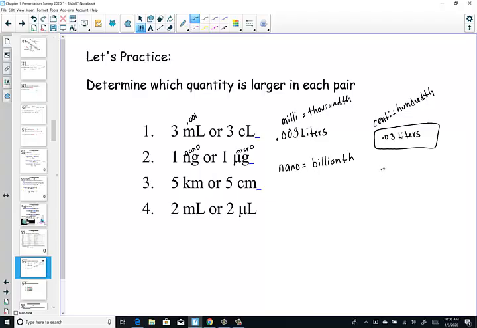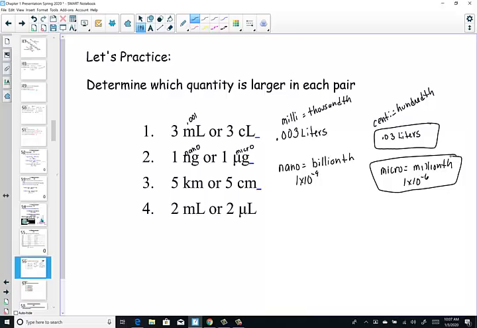So micro represents a millionth of a gram. Looking at the value, is a billionth or a millionth the larger value? Well, 1 times 10 to the negative 9 versus 1 times 10 to the negative 6. A millionth is a larger value than a billionth of a base unit gram.